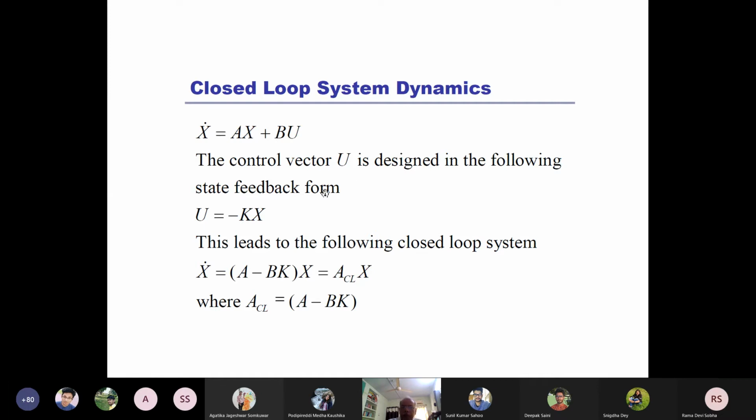The state feedback is u = -Kx, which will lead to the closed loop system x dot = (A - BK)x, or A_CL x. In terms of transfer function, X(s) will be (sI - A_CL).